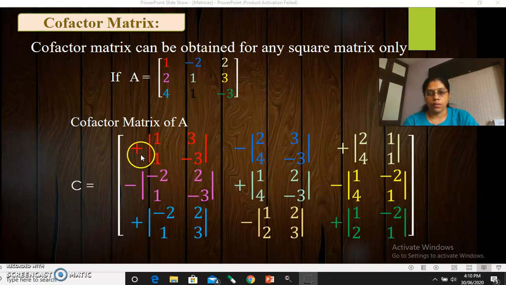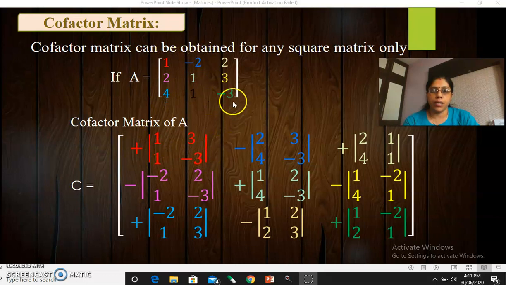Now everybody can see the signs here. The signs are compulsory, in alternate form. You have to start with plus, so plus minus plus, minus plus minus, plus minus plus. Always start with a positive sign for a 3 by 3 matrix. So this is the cofactor of that first element.